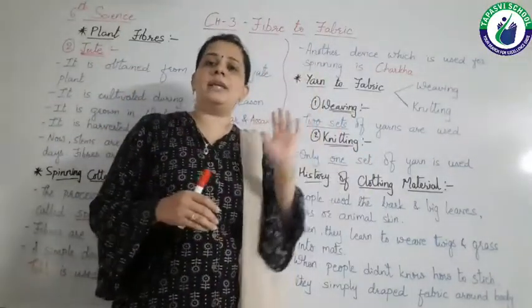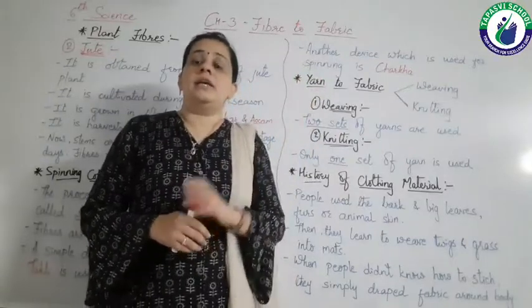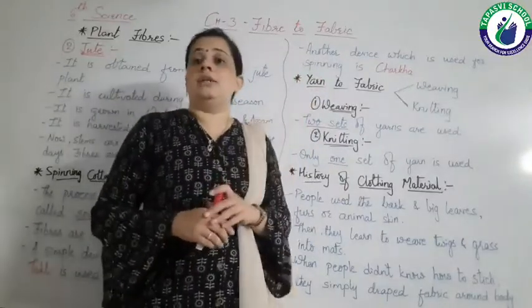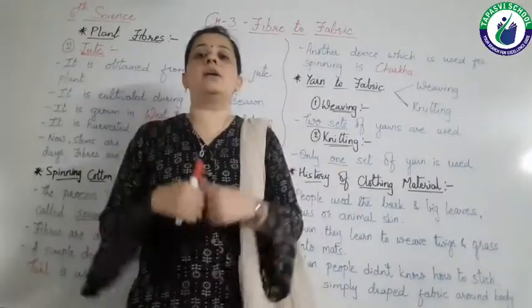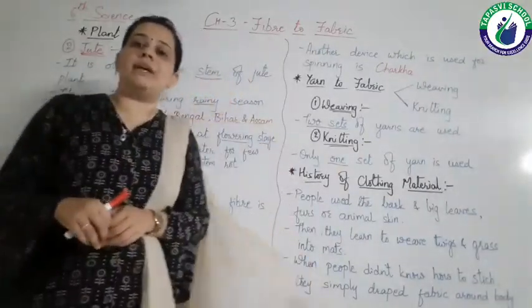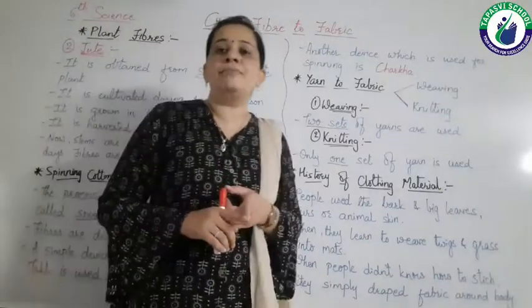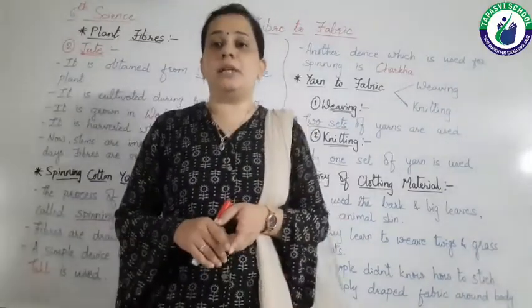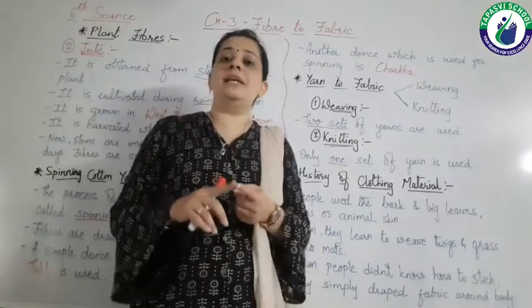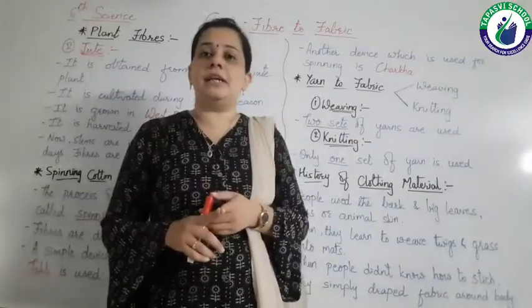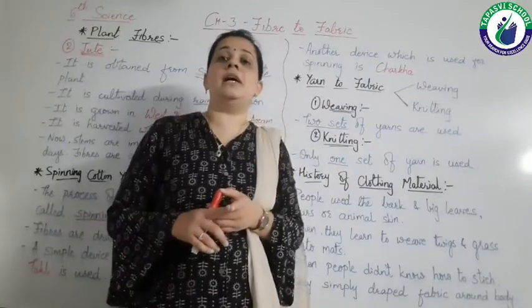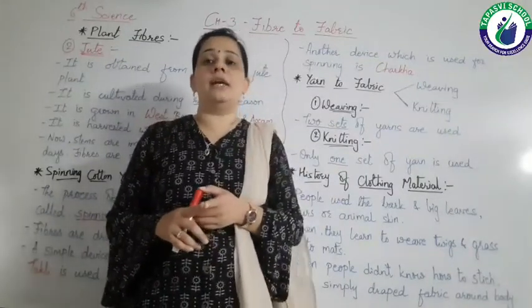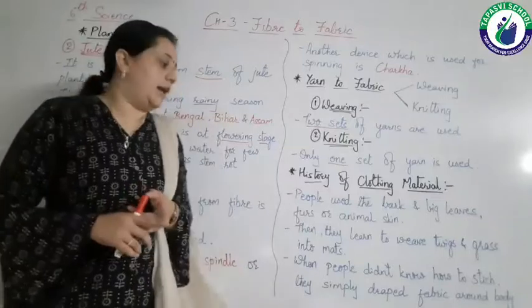Before so many years, in the past, people did not know how to cover their body, so they used different plant or animal materials like big leaves and bark of a tree, and fur or skin of the animals, right?